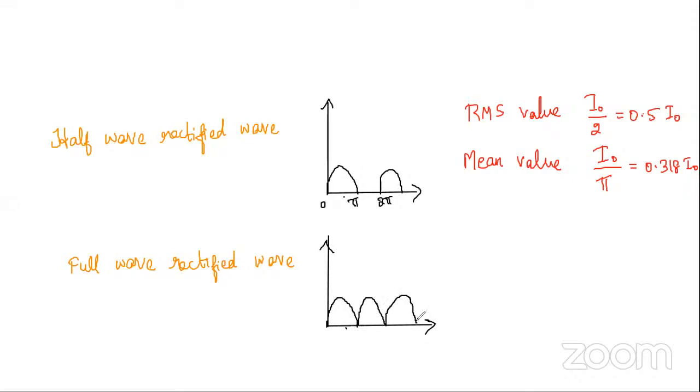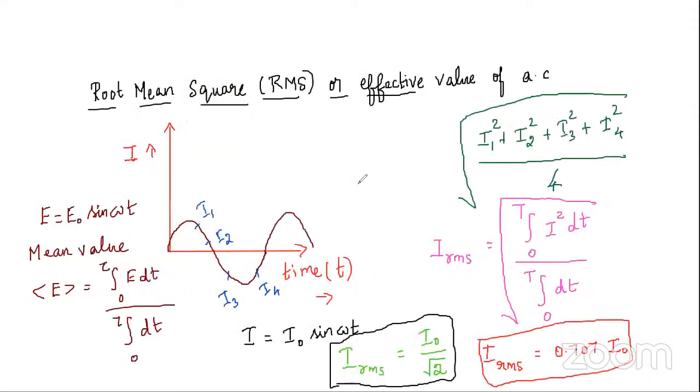Okay, I hope you can understand this, because here you see, you are having the positive half cycle and a negative half cycle alternatively. In a full wave rectified cycle, this negative half cycle part actually gets converted into positive half cycle and appears like this.